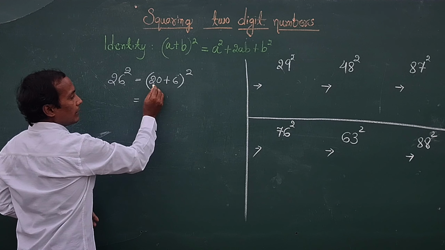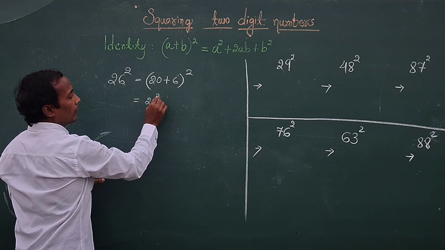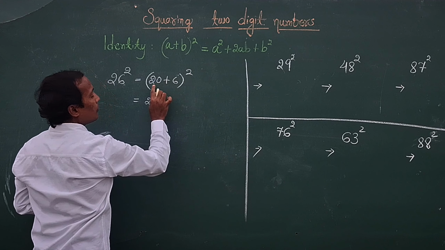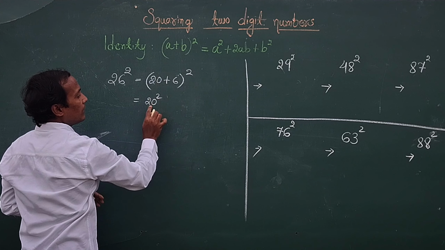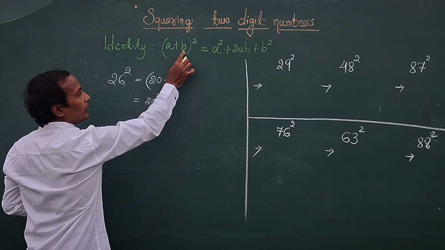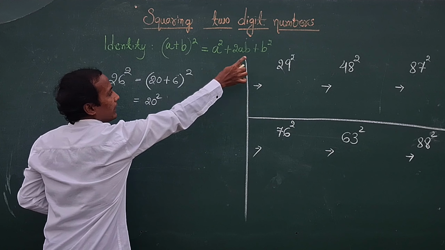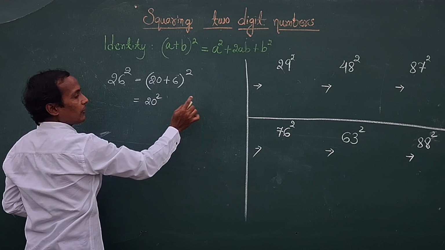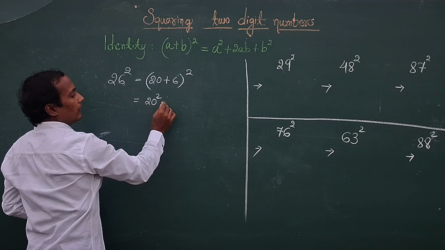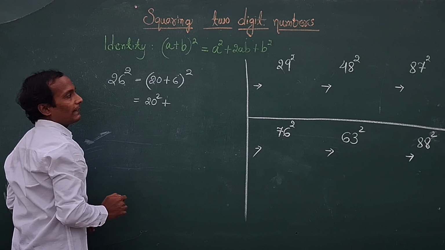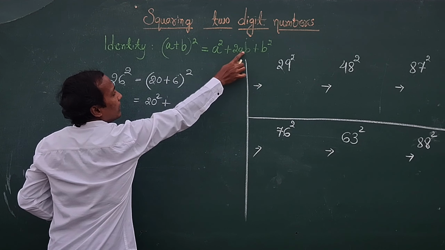A means here 20, so I will write 20 square, because a is here, we have a square, so 20 stands for a. Now in place of b, what is here? 6. Square of 6 I will write in the third place, as the third term. The second term is 2ab in the identity. On the right hand side you can see 2 into a into b.